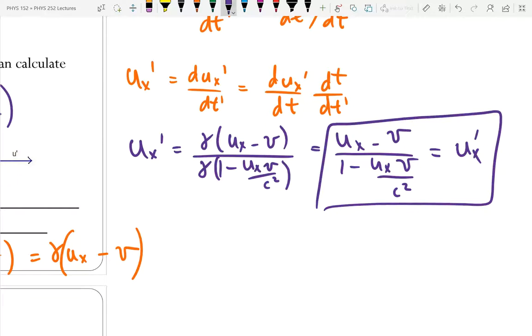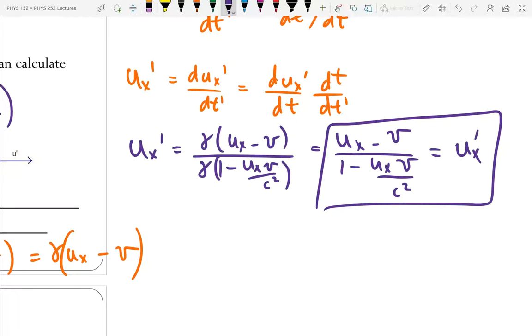So there's the equation for transforming the speed measured in one reference frame to the speed measured in another reference frame for an object moving parallel to the direction that the two reference frames are traveling with respect to each other. There's also a perpendicular velocity addition I need to do. But that's my first one.